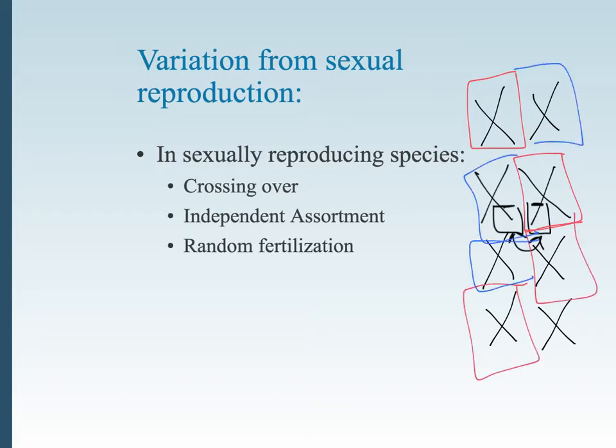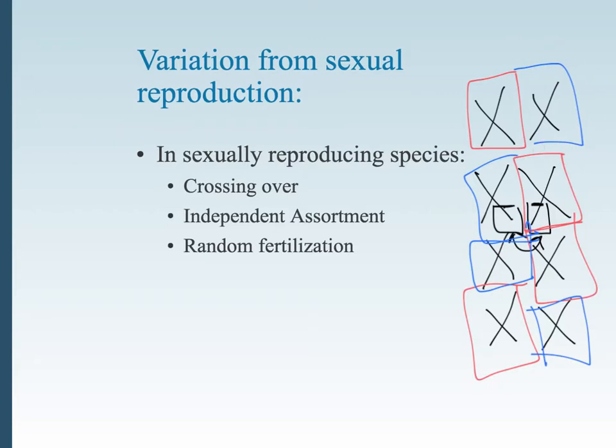Well, one of each pair of your homologous chromosomes comes from mom and one comes from your dad. And so then as you undergo meiosis in order to produce your own gametes, how your parents' chromosomes align on that metaphase plate is independent of every other pair. How this one lined up is different from how this one lined up.